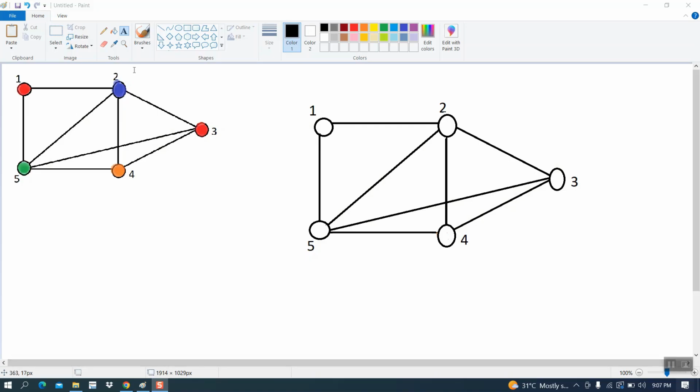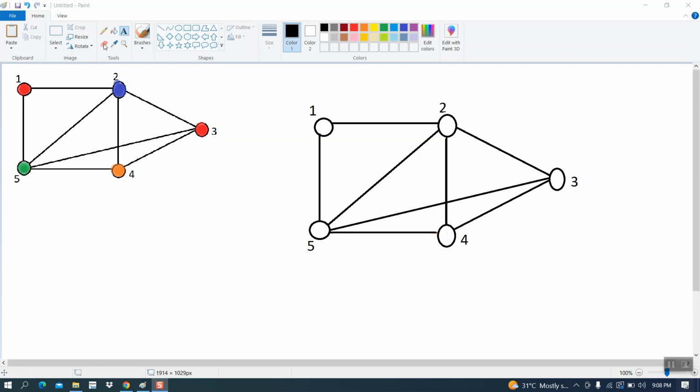This is the sample graph that I am going to describe. Let's see whether our graph is a planar graph or not. Let's redraw this graph as a planar graph. According to our example, we have to redraw the edge from 5 to 3 because it is crossing other edges.